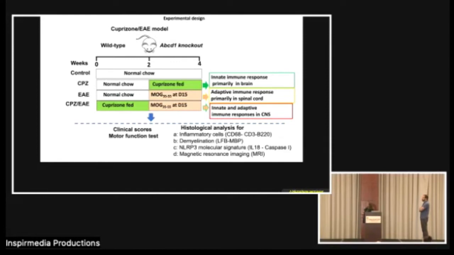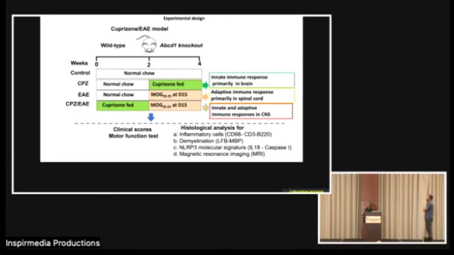There are two existing models. One is cuprizone, one is experimental autoimmune encephalomyelitis. These two models are multiple sclerosis models. They are not cerebral ALD models. They don't show any brain inflammation like it. In the cuprizone model, we give the mouse cuprizone in the diet for 2 weeks.